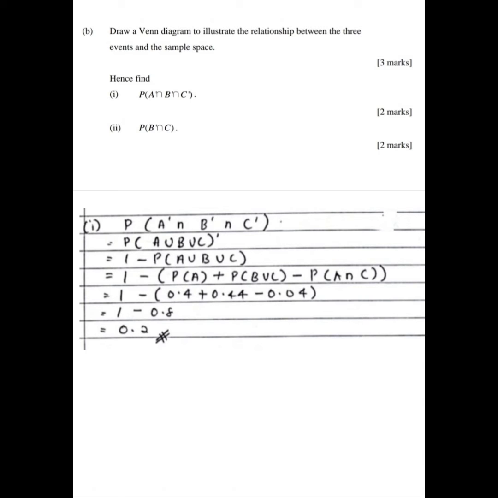So 1 minus 0.8. So the last answer is 0.2.